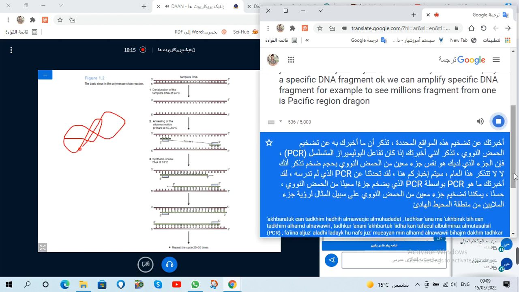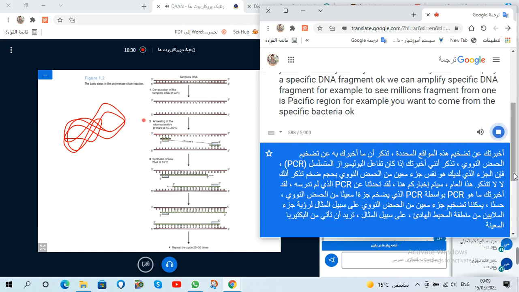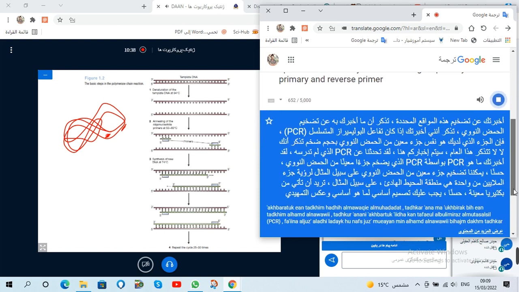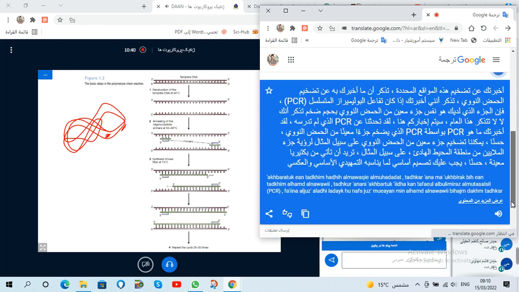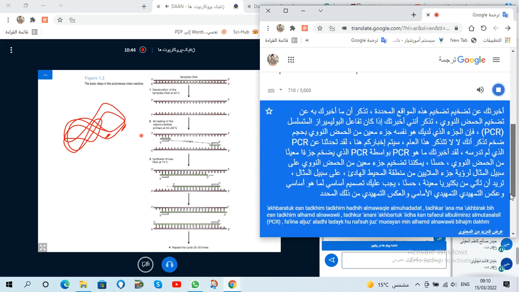For example, you want to clone one gene from a specific bacteria. You should design a primer, forward primer and reverse primer, from that specific region.